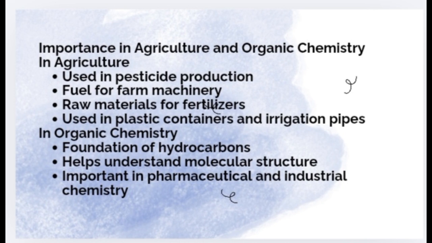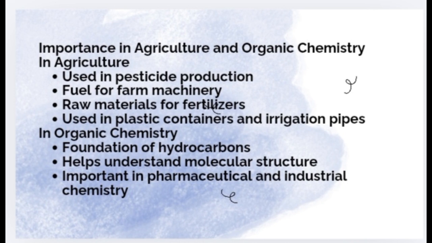They are also used as fuel for farm machinery like tractors. Some organic compounds are used as raw materials in making fertilizers, and they are also used in making plastic containers and irrigation pipes used on farms.